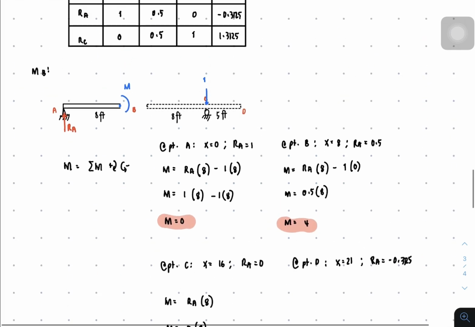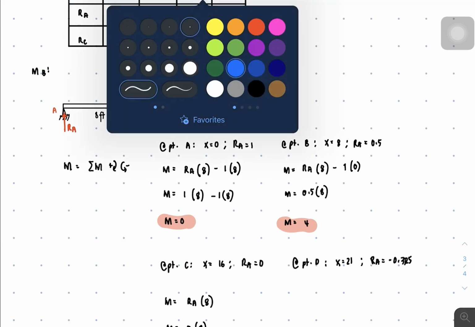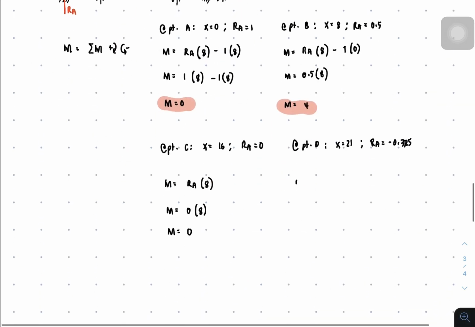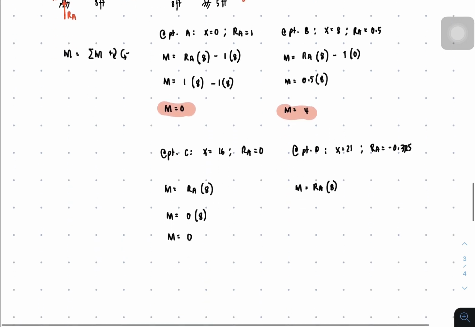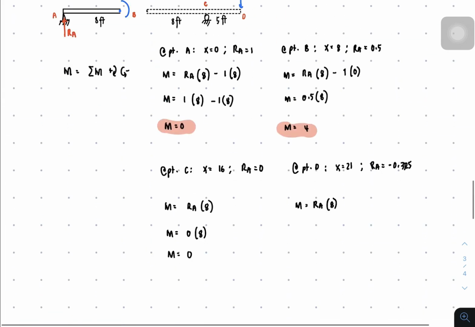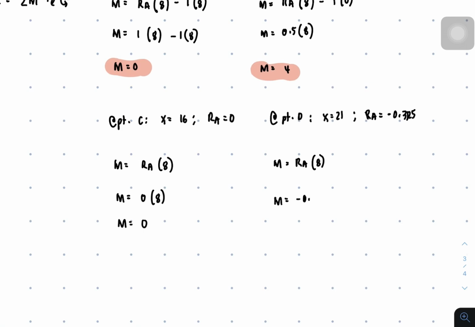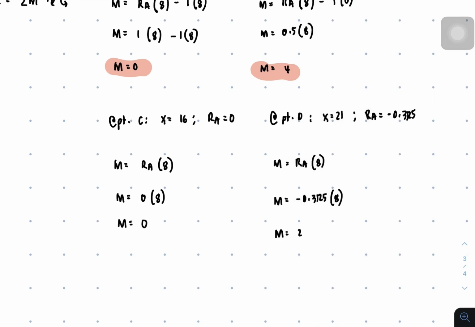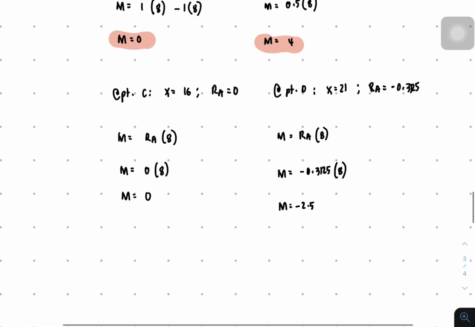The 1 unit load is basically transferred here, but it's no longer part of the section, so the equation would only be RA times 8 again, and RA is negative, so it's negative 0.3125 times 8. The answer is 2.5, that's negative 2.5. So these are the values.